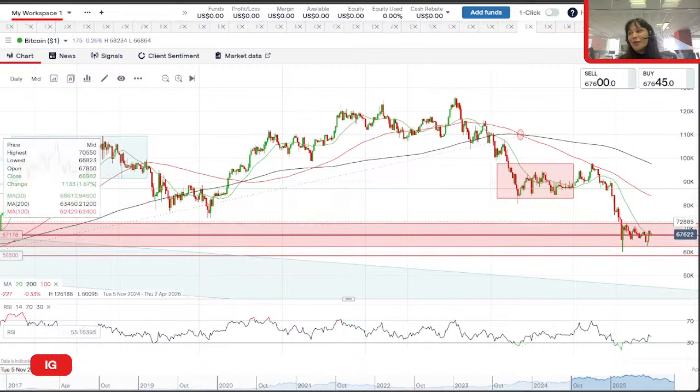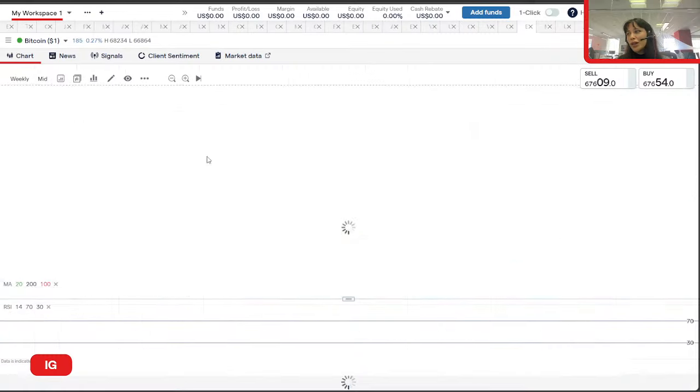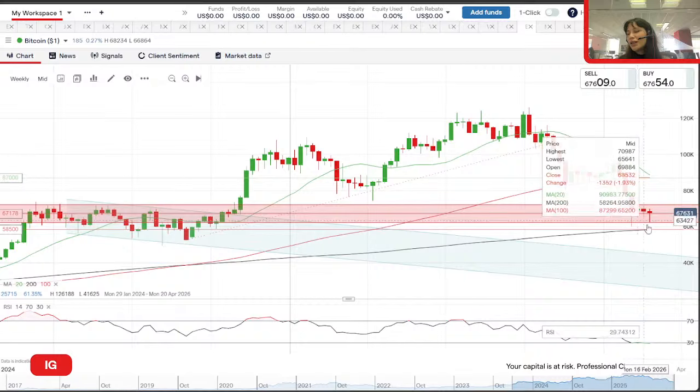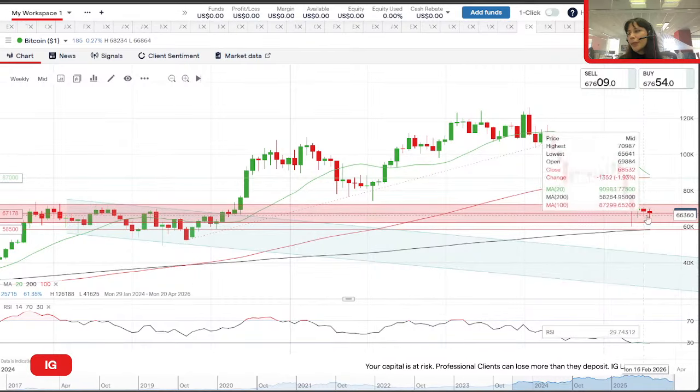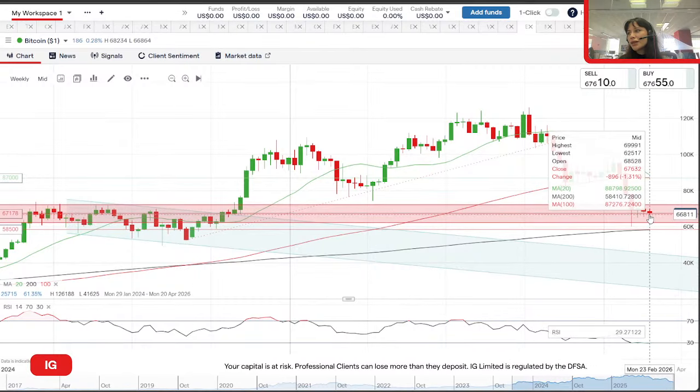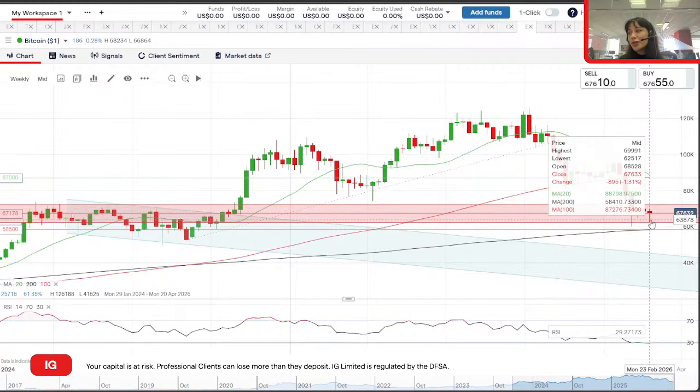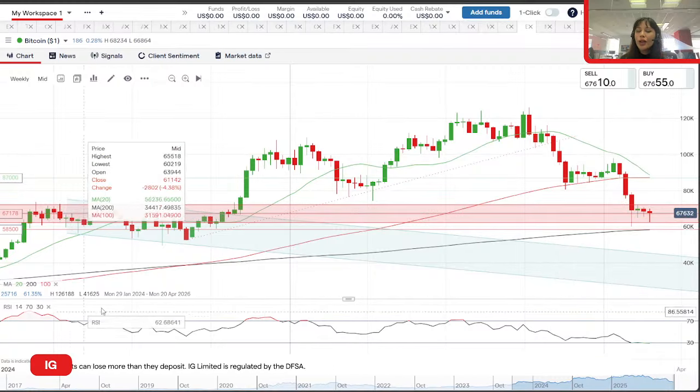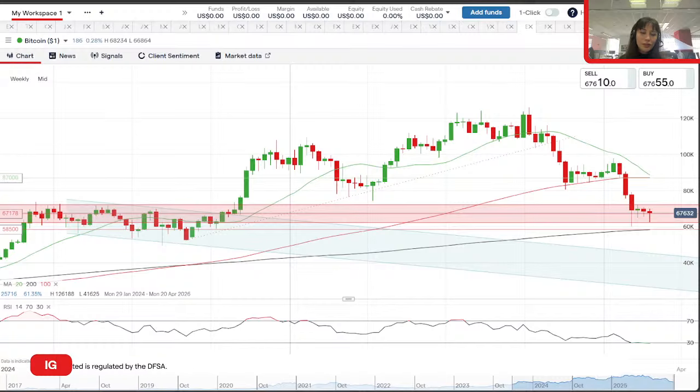So if we look at the weekly chart, we can see that this week, yesterday it was a bit positive, but today we're back into red. The positive thing to take into consideration is that we have big whales buying the dip.